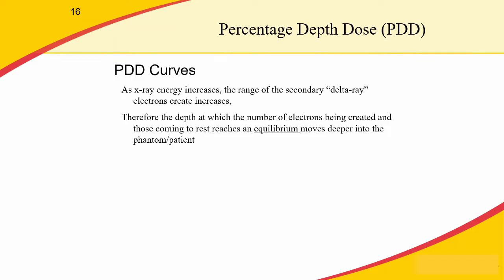So the depth at which the number of electrons being created by the beam and the number of electrons coming to rest at the end of their range reach an equilibrium also moves deeper into the patient. As this equilibrium point moves deeper in the patient, our Dmax also moves deeper with it.